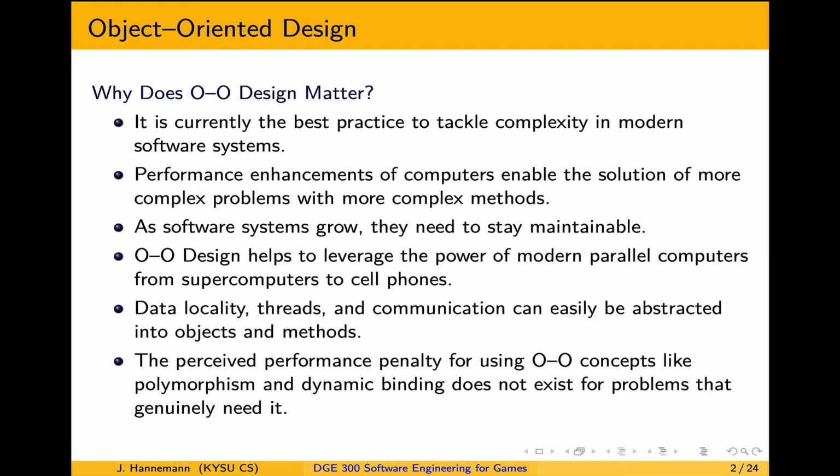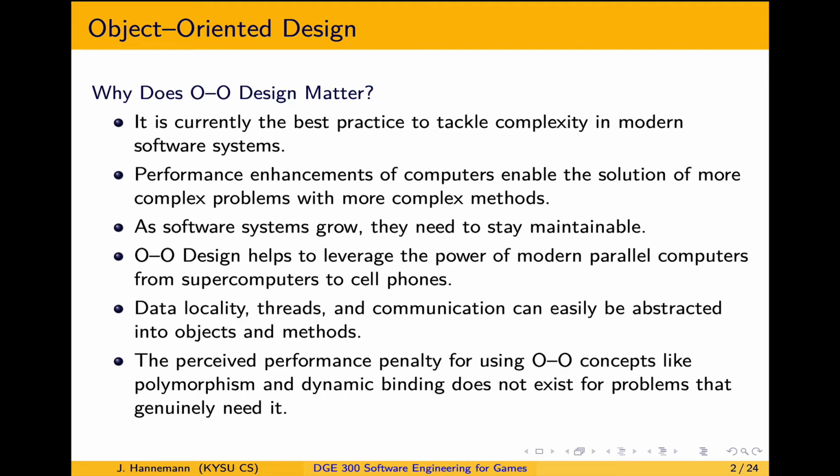And traditionally, of course, we haven't employed OO design from the get-go when it came to computer programming, simply because we did not have powerful enough computers to effectively do this. However, having more powerful computers allows us to solve more complex problems with, at the same time, more complex methods, because otherwise we can't do it.